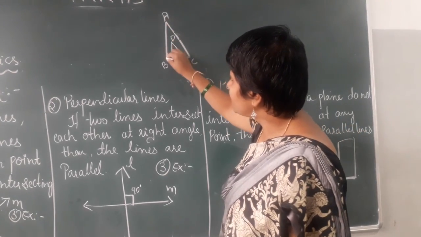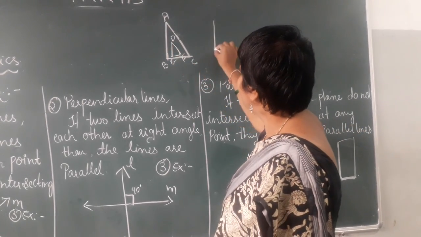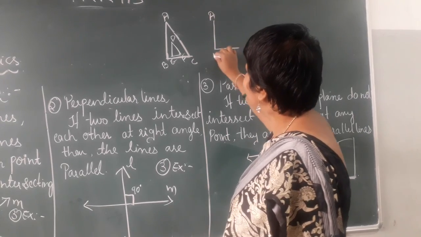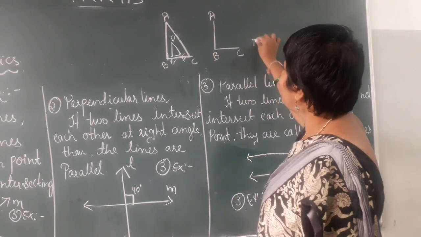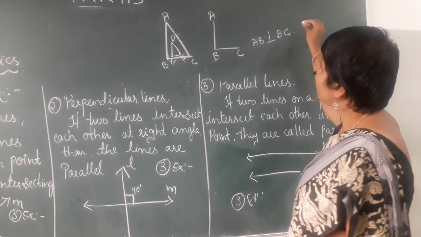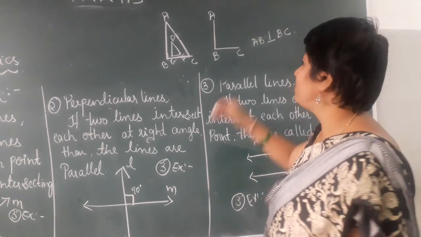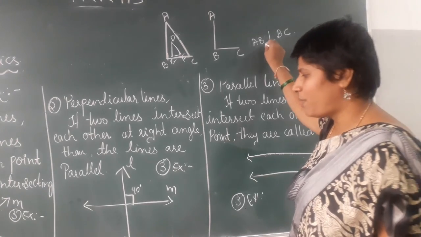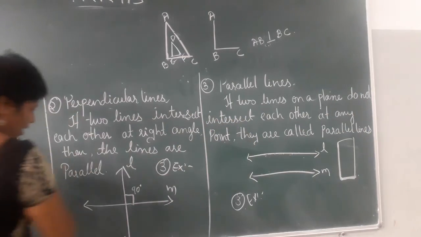So AB is adjacent to BC. So take A, B, C. AB is perpendicular to BC. AB is perpendicular to BC. This is your symbol for perpendicular.